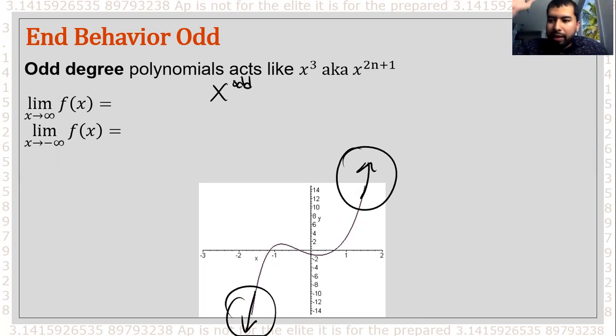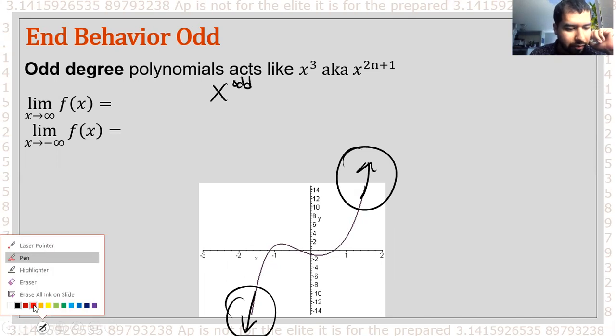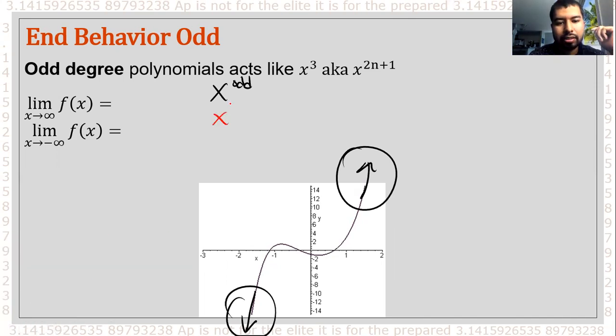My right hand's up, my left hand's pointing down, and I'm pretty much a ballerina. And this will work for any function that is x to the third, x to the 21, x to the 45, x to the 1001, which will all have this general shape, this general end behavior.